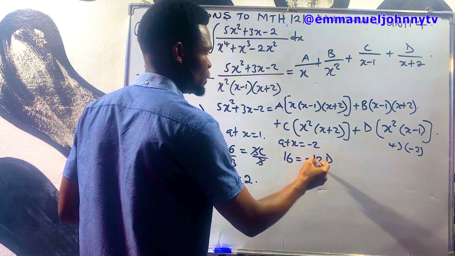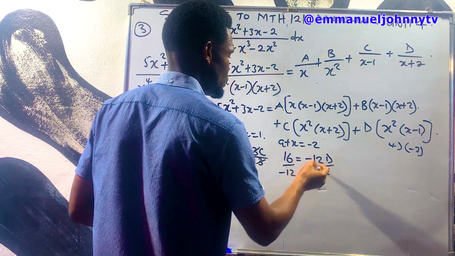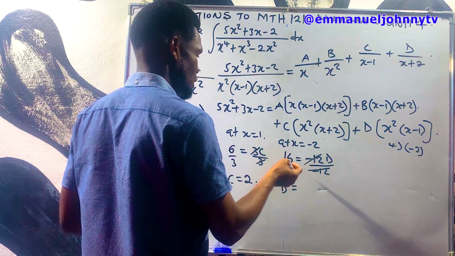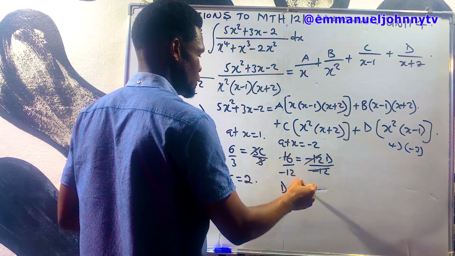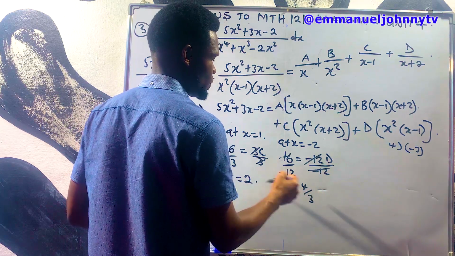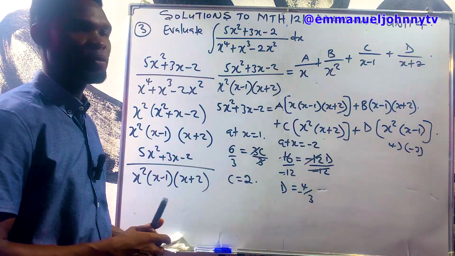What's the coefficient of d? Minus 12. So if I divide both sides by minus 12, it means that d will be equal to 4 over 4 here, 3, then minus, so the answer is minus 4 over 3. That is the value of d.